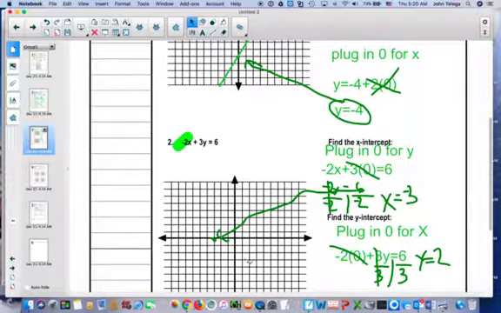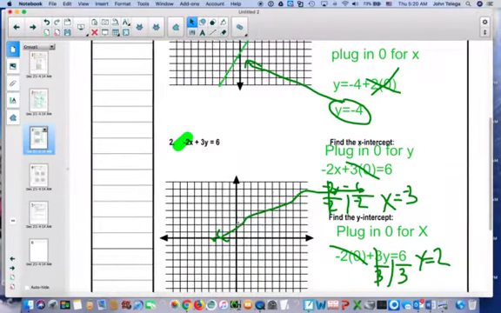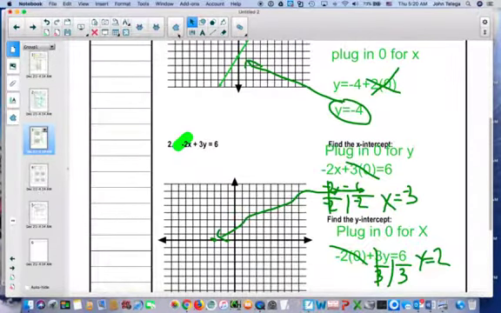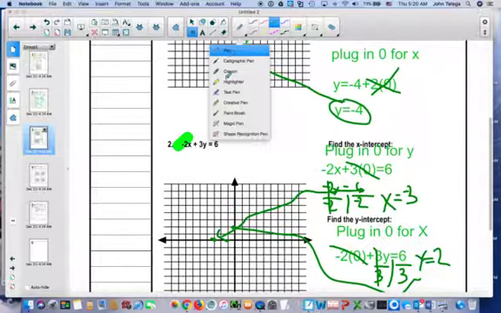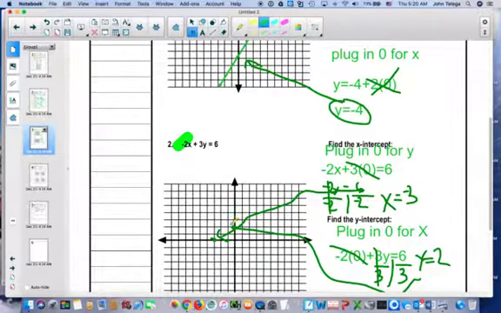Y is positive 2, so here's y, and we go 1, 2, and our dot is going to go there. Grab my pen. It's going to go right there. Okay, so this one is right there. So our 2 points are here and here.